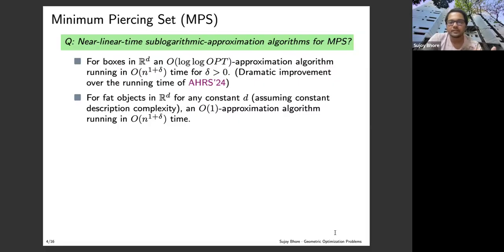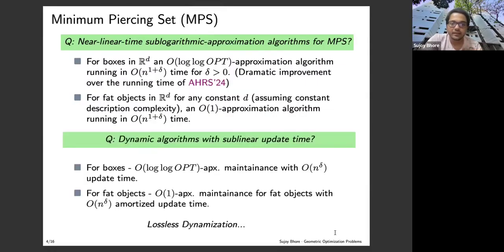As you can see, this is a major improvement in terms of the running time. The previous running time of Agarwal et al. was n to the d/2. For fat objects in R^d, for any constant d, assuming of course constant description complexity, we get a constant factor approximation running in n to the 1 plus delta time.